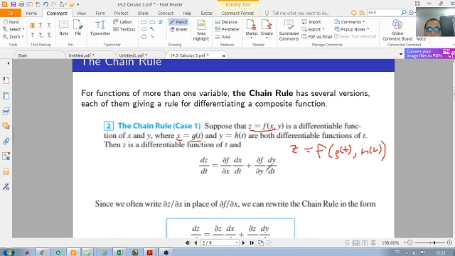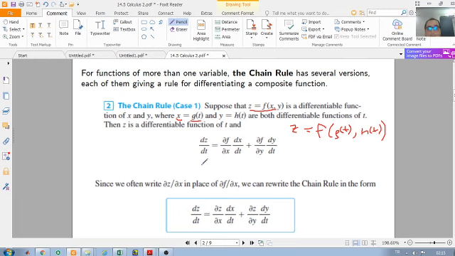Similarly, by considering the variable x as a constant, first we take the partial derivative of f times the derivative of the inner function, which is y is equal to h of t, dy over dt, or in place of dy over dt you can write h prime of t, okay?